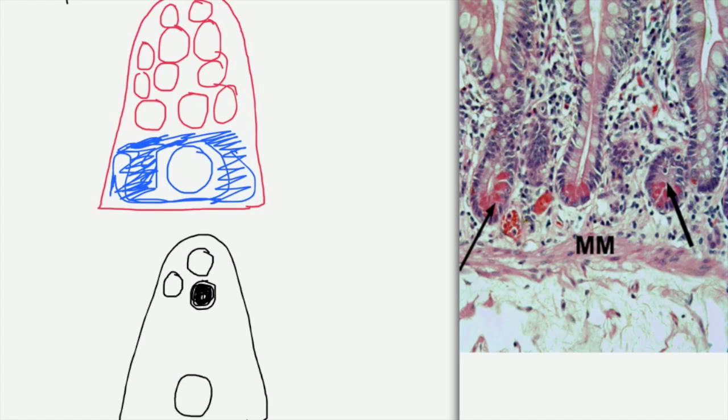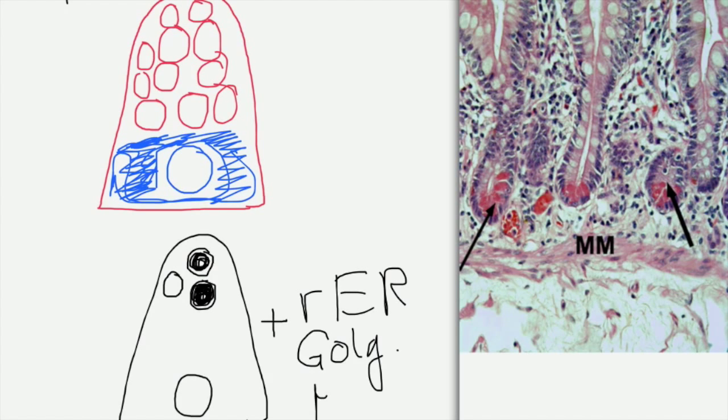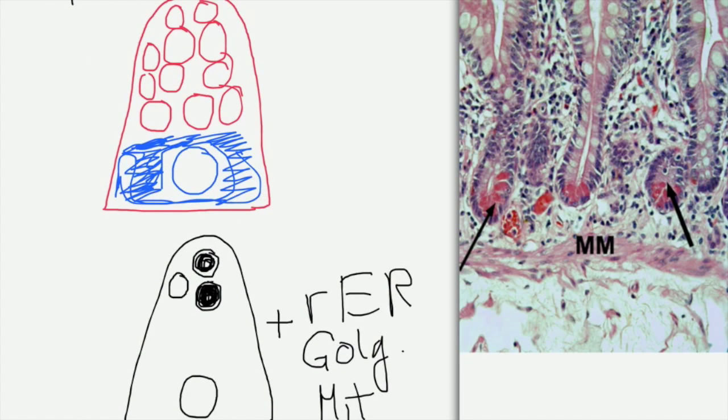Plus here the organelles present in a protein forming cell, which are the rough ER, the Golgi apparatus, and the mitochondria. Of course, you can expect the site of the Golgi: as the granules are present at the apex, the Golgi will be present in between the nucleus and the apex, so it is a supranuclear position.